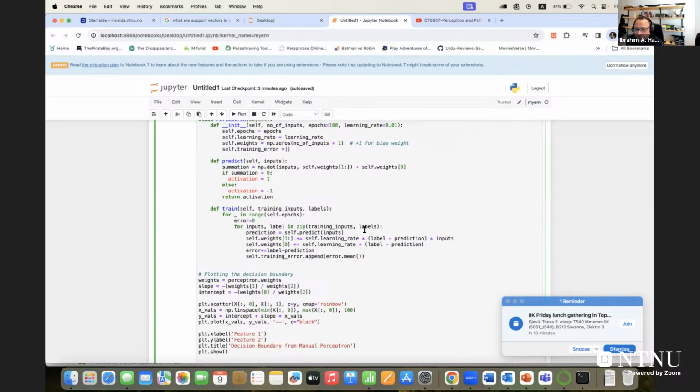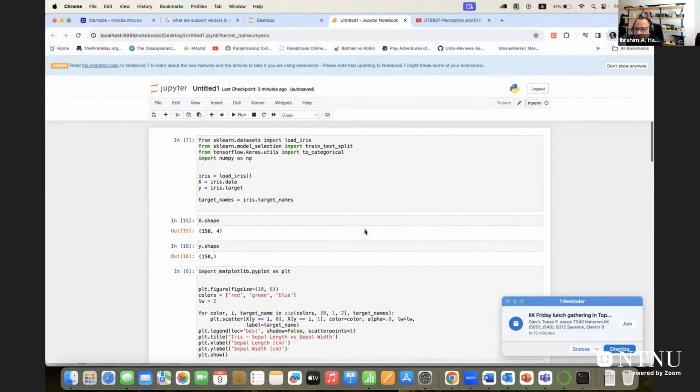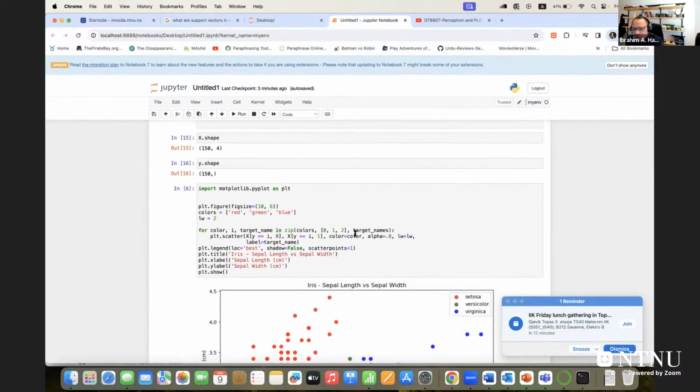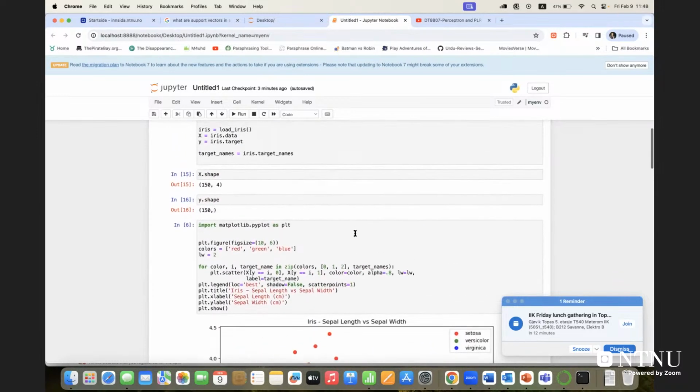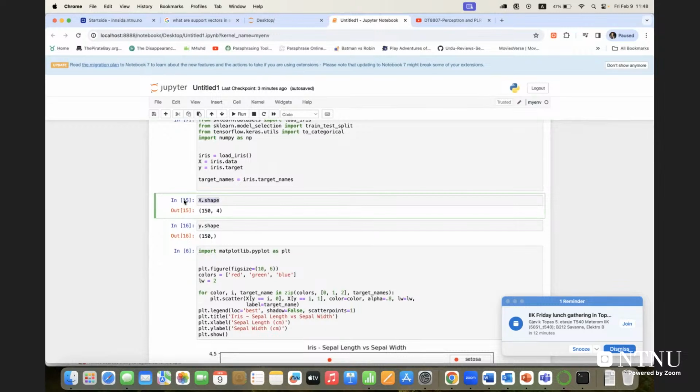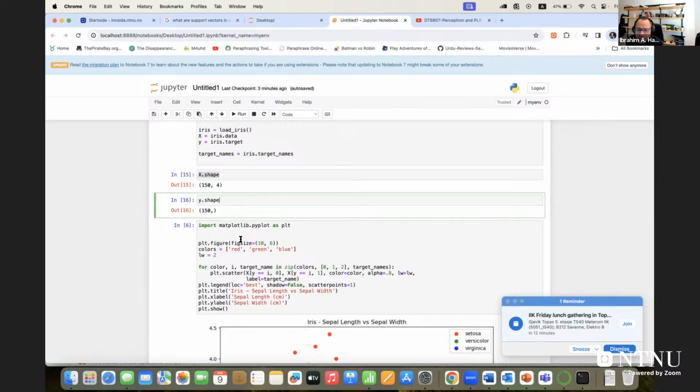Can you go back to the dataset? When you select labels, did you use the function called to_categorical, correct? Yes, this is the actual dataset representation, with shape 150 by 4. This is X, but just remember Y is one vector, one column.